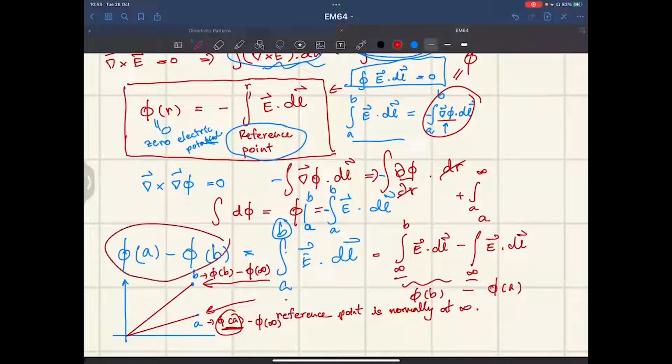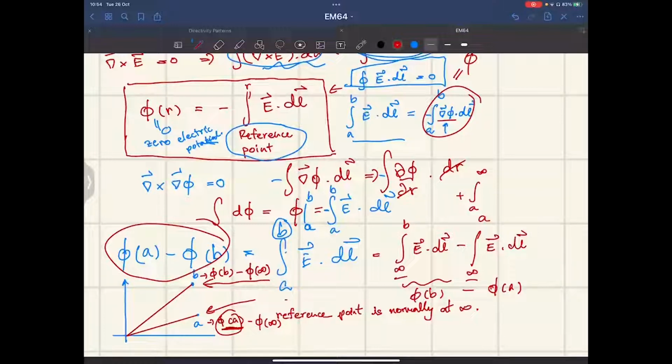You can see here, why are they different? Can you tell me why they're different? Which one?